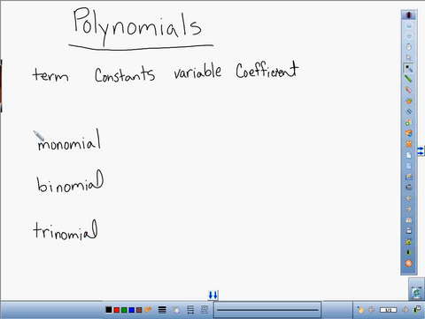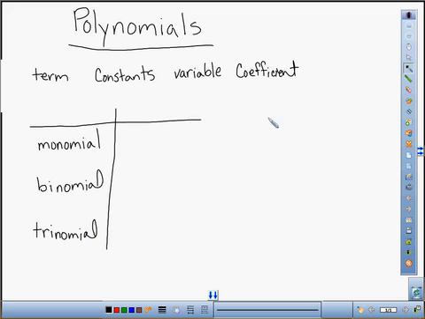Okay, so a monomial, binomial, and a trinomial. So the first thing we need to know is how many terms does it have? A monomial has one term, mono. Mono is a prefix that generally means one.